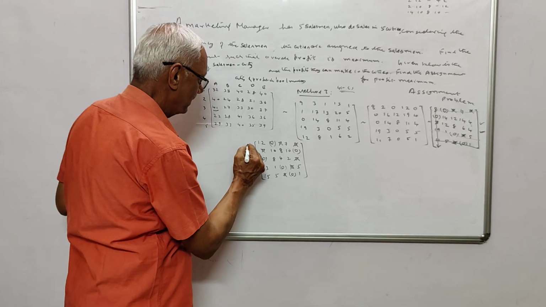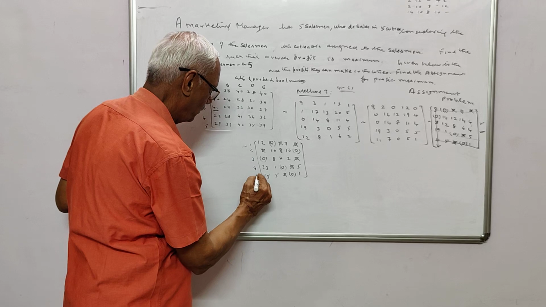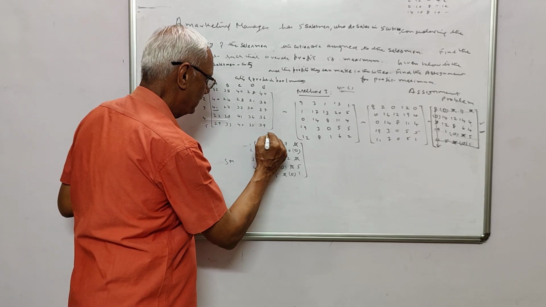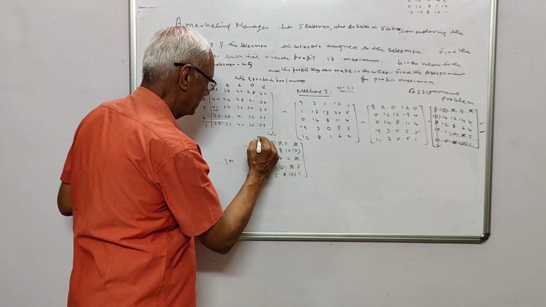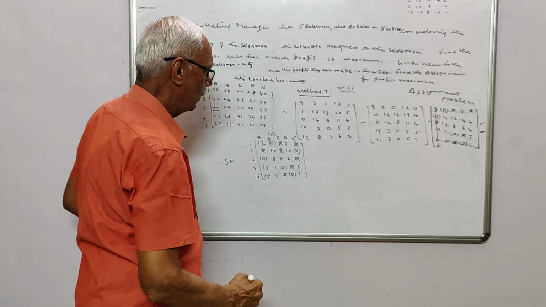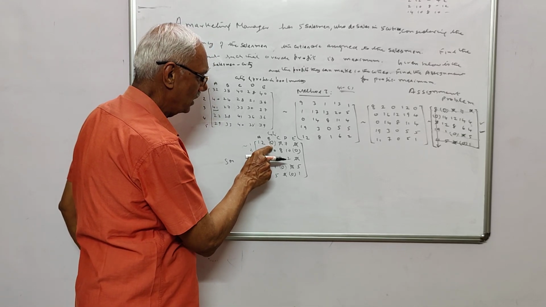Now you see this is 1, 2, 3, 4, 5. These are salesmen, and here these are cities: A city, B city, C city, D city, E city. Now what is that assignment? Can you see this? What is the assignment here? x12.